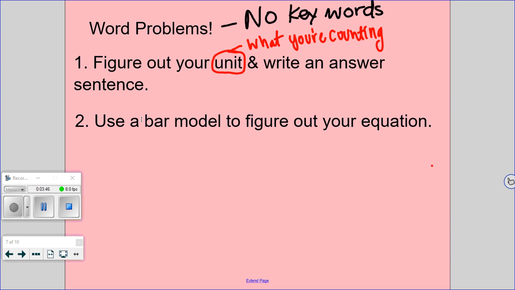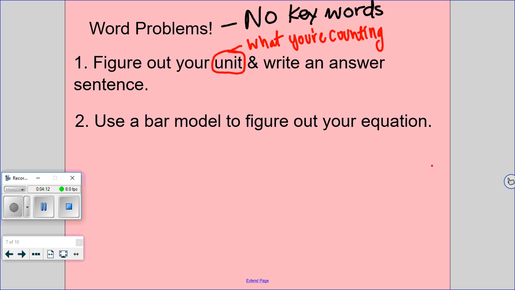And I've told you that bar model is a fantastic way to figure out what math to use. A bar model will not help you actually solve a problem, but it'll help tell you what math you need to solve that problem.